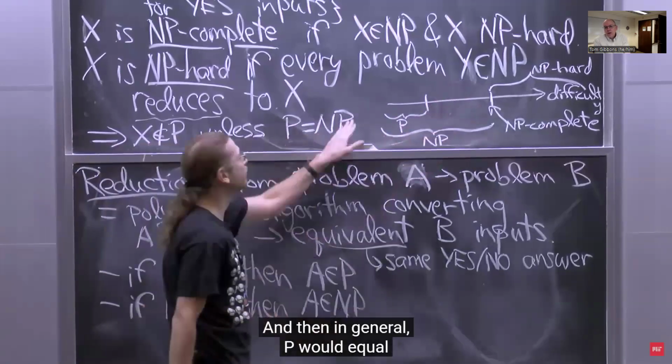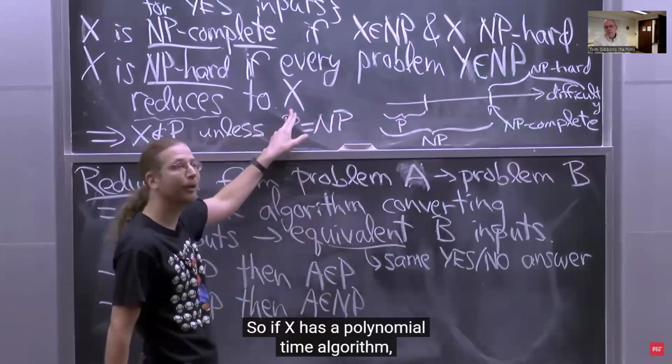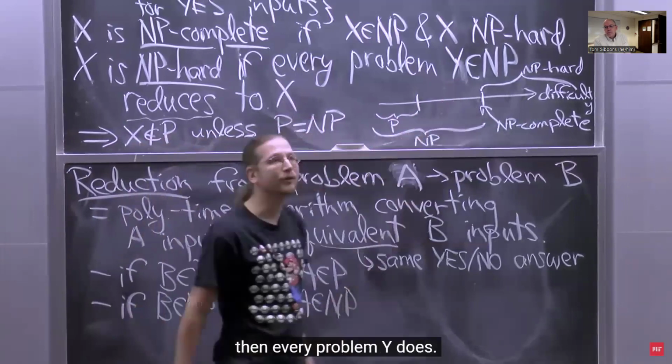And then in general, P would equal NP, because every problem in NP can be converted to X. So if X has a polynomial time algorithm, then every problem Y does.